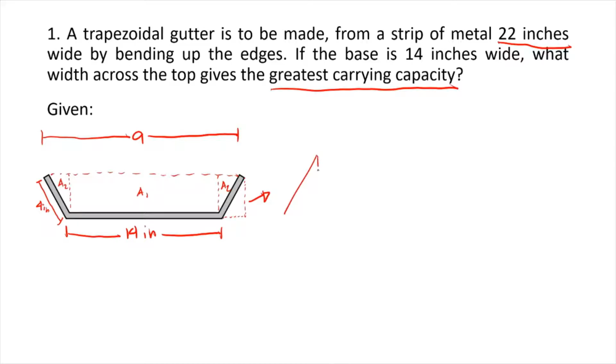So let's call this side X. For now, we don't know this side, so let's call it Y, for instance. The hypotenuse is measured to be 4 inches, remember? Okay, and then let's call this angle here angle theta.